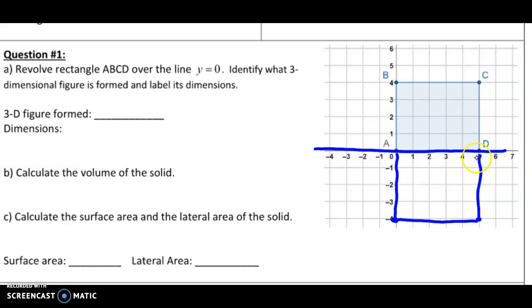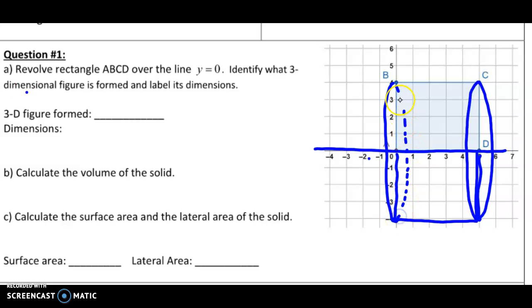How we make it look 3D is you just draw in some arc marks here, and we can't see this one at the bottom, so I do it as dashed, and that gives it a three-dimensional look. When you look at it, you no longer just see a rectangle, you do see a 3D object. It is a cylinder on its side.